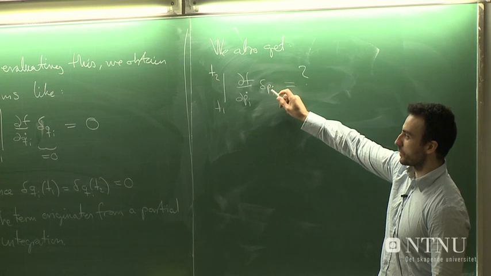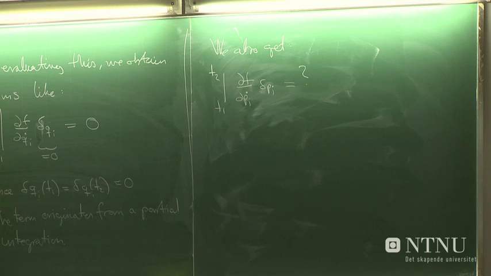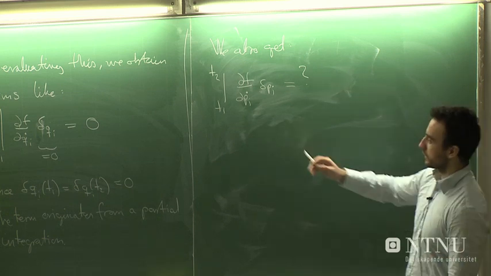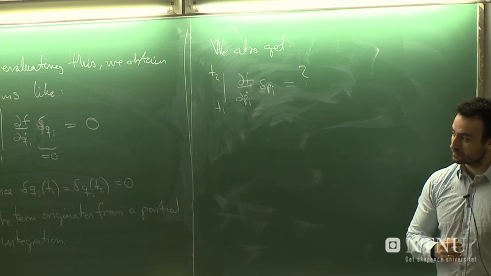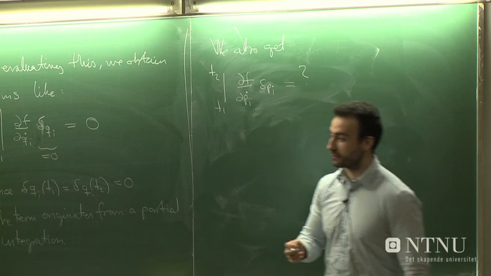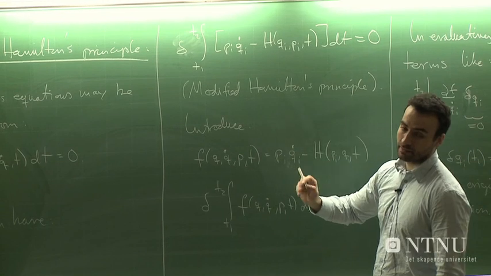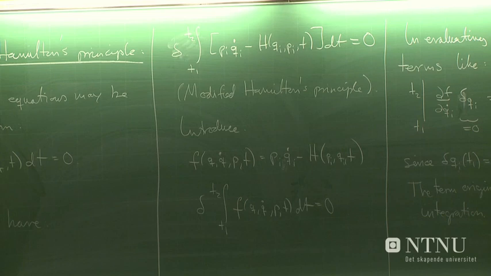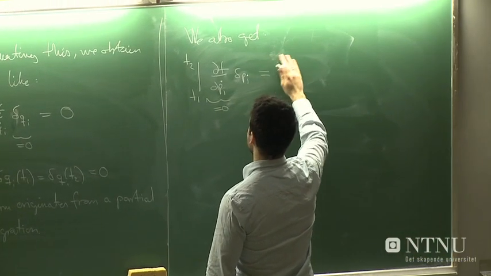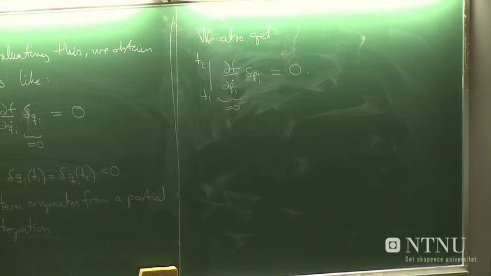We just said that for this term, we cannot in general demand zero variation at the endpoints. But there's one more term, this one. If we consider f depends on q dot, p and t, but there's no dependence on the time derivative of p, so we can replace the question mark here with 0. So both of these boundary or surface terms vanish.